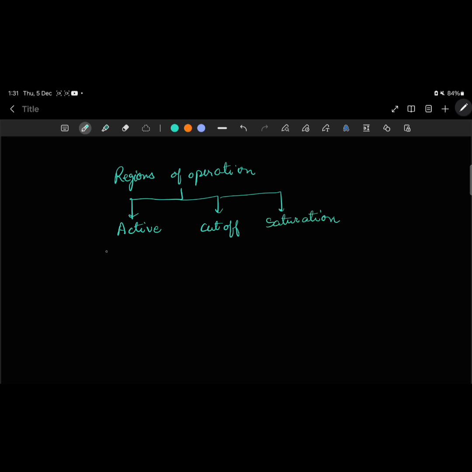The active region is used basically for amplification, and the cutoff and saturation regions are used when the transistor is to be used as a switch.